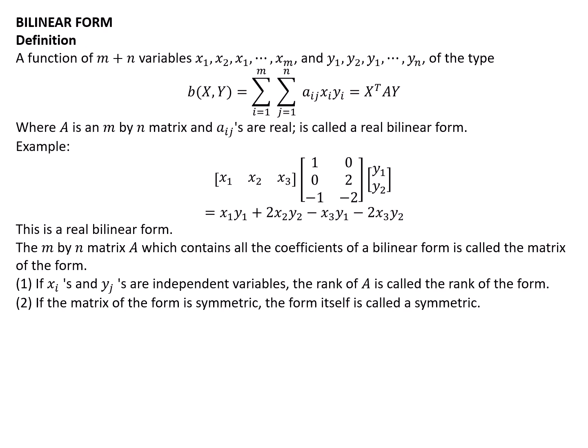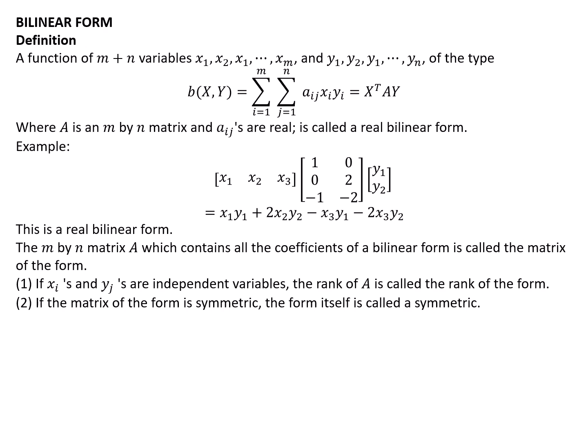Example, we have a vector x1, x2, x3 multiplied by a matrix, say A, 1, 0, 0; 2, -1, -2. Then your y, look at the standard form, you have x transpose A y.